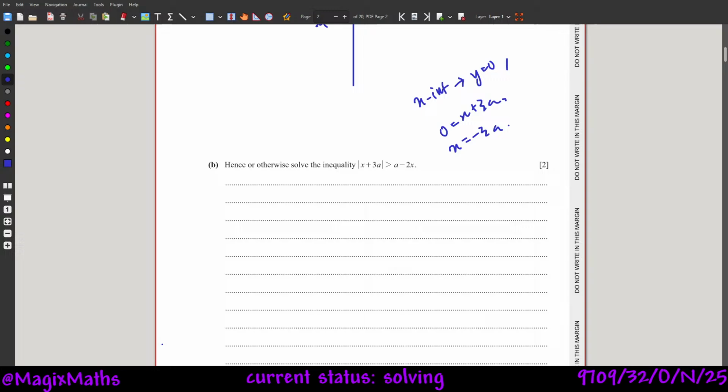So for this one, it's going to be either positive or negative, as in this can be two cases.